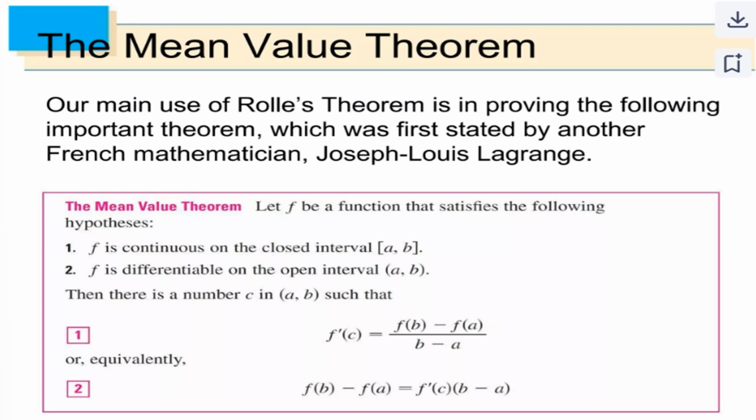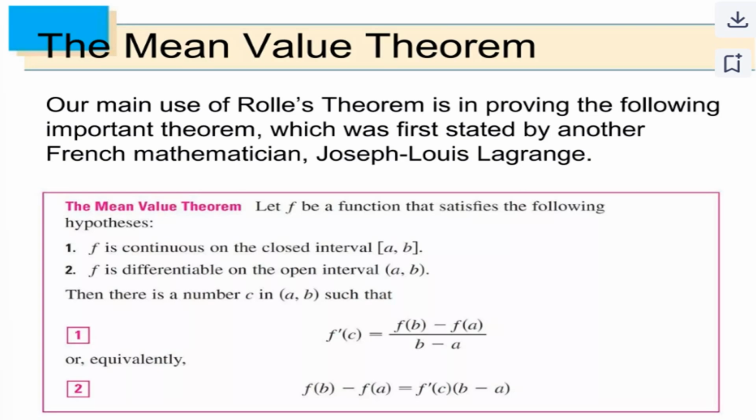The statement of Lagrange's mean value theorem is as follows: let f of x be a function which satisfies the following conditions. First, f of x is continuous in the closed interval a b. Second, f of x is differentiable on the open interval a b.